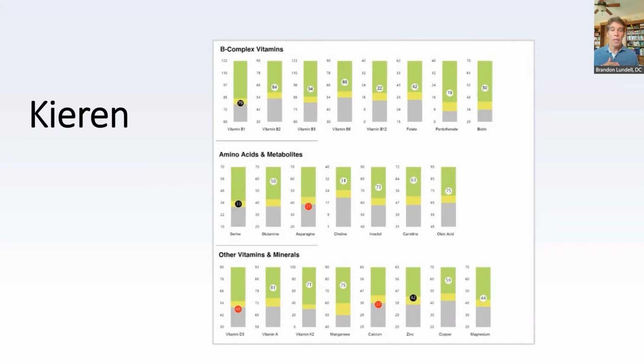So we can see his minerals were low. He was taking zinc, but he wasn't absorbing it, and he wasn't utilizing it very well. Calcium was low, and even though he was taking vitamin D, his body still needed more to function optimally. Why? Because the mitochondria weren't being addressed.